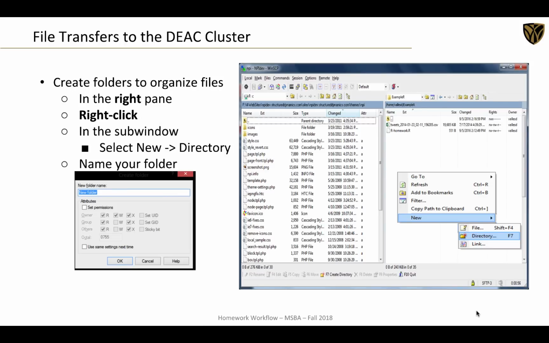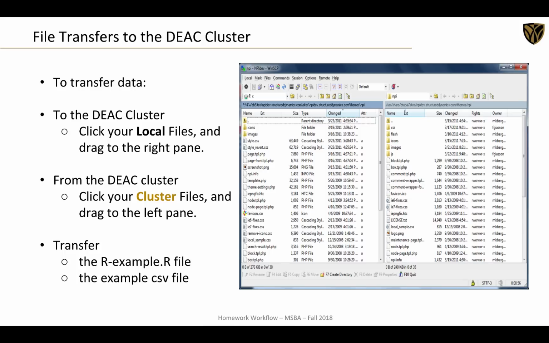Once your folder is selected, we recommend you always try to organize your research scripts and projects with a dedicated subfolder. To do this, right-click in the right pane. In the sub-window, select New, then Directory. In the pop-up window, name your folder something. Let's try Example R. Then click OK.